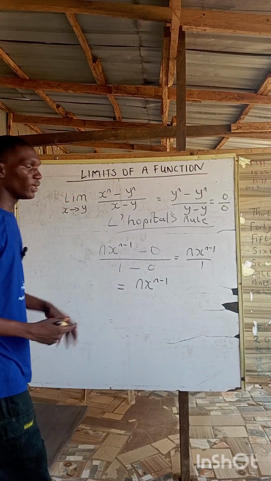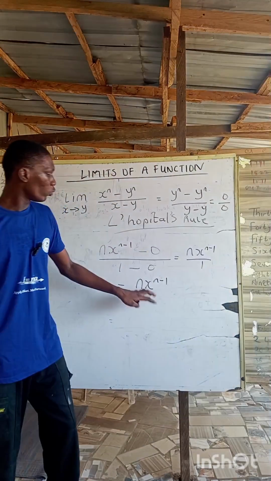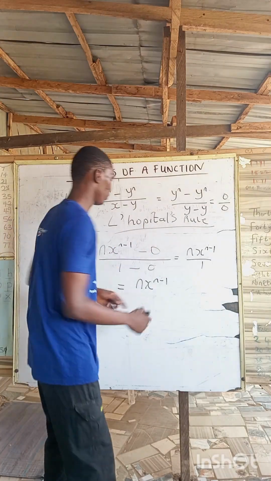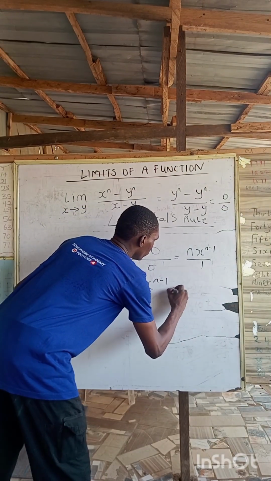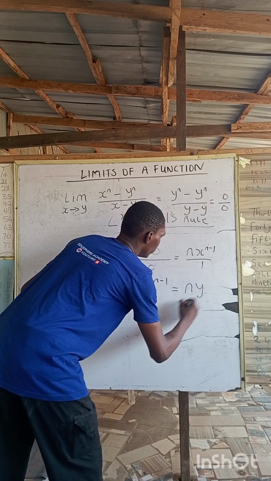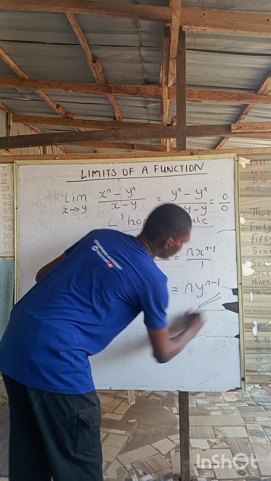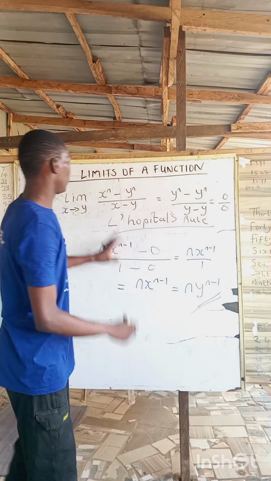Therefore, we can now substitute y as x, so that gives n y raised to the power n minus 1, and this will be our final answer. So that is how to solve this.